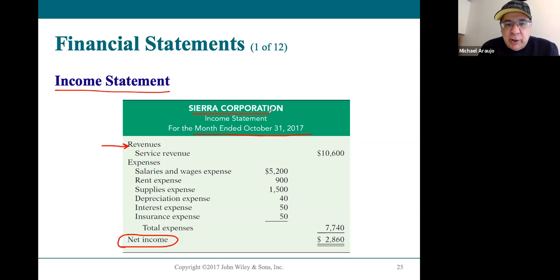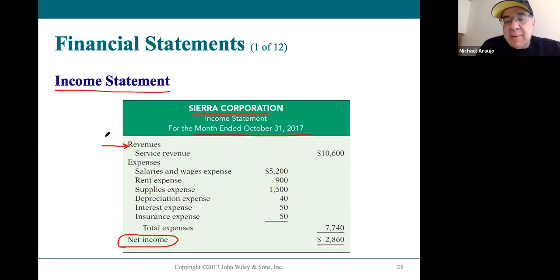So when you go to Sierra Corporation, you're actually purchasing a hiking tour. So revenue means, in this case, how much money did we collect from customers by selling our tours? Revenue is all about what we are collecting from customers for selling our goods or services.